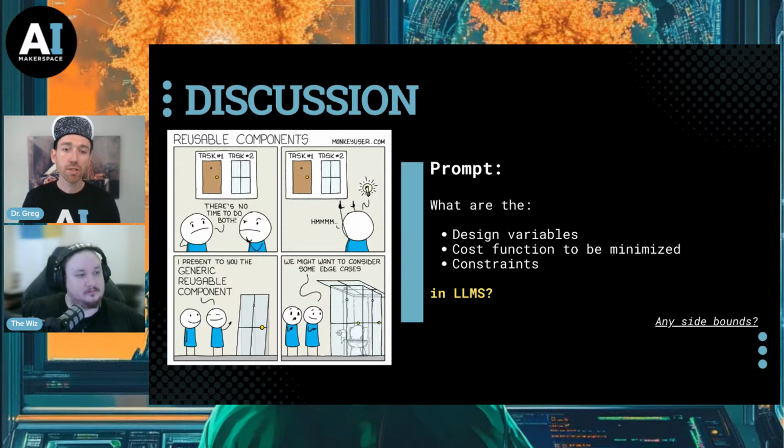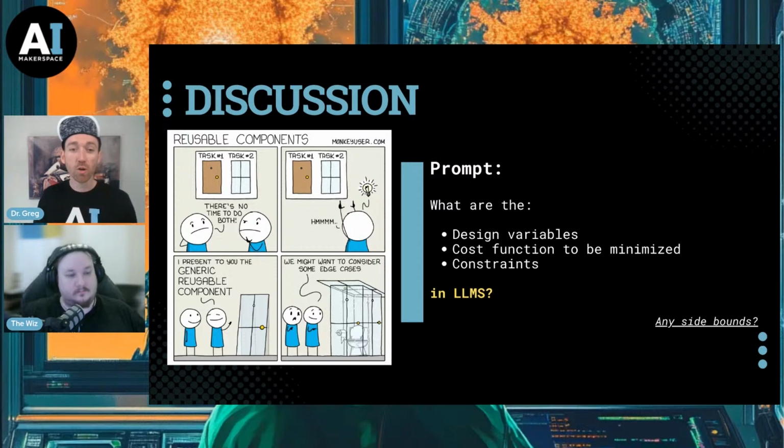The thing we're actually updating based on our cost function is the weights within each neuron of the network itself. So the picture I want to paint here is the way that we set up our optimization, what we call a feature, what we call a constraint, or what we just say is a side bound, embedding dimension, tokenization strategy, all these things that you mentioned, really matters. So we can say, well, this is the optimum design.